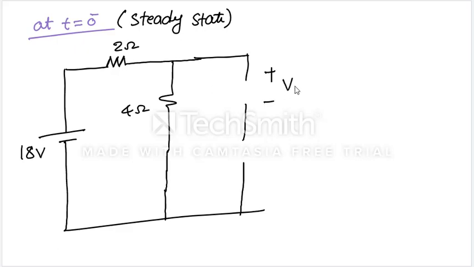So we can say here V2C of 0 minus, and this one is VC of 0 minus, and this is what? IL of 0 minus, and this is IL of 0 minus.